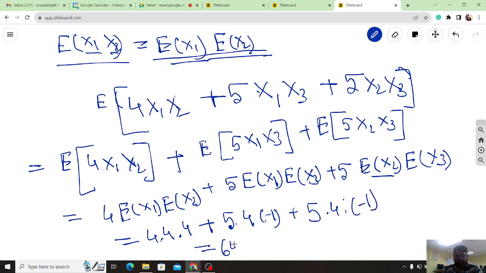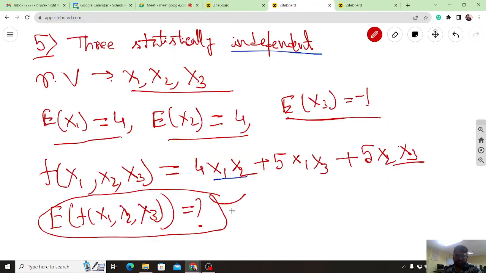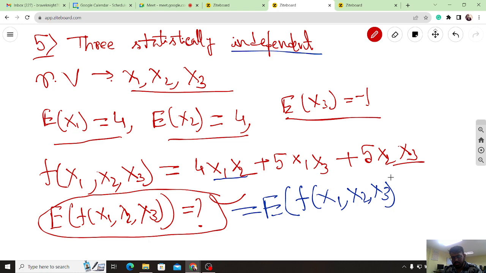So this is 64 minus 20 minus 20, which is 24. So the answer is: the expected value of f of x1, x2, x3 is equal to 24.